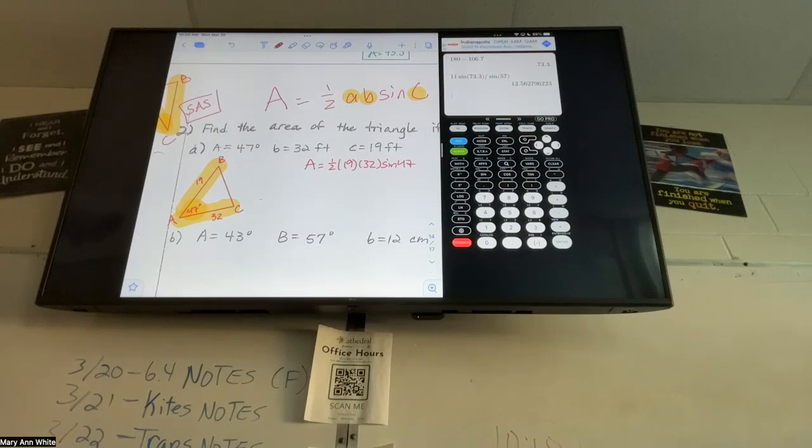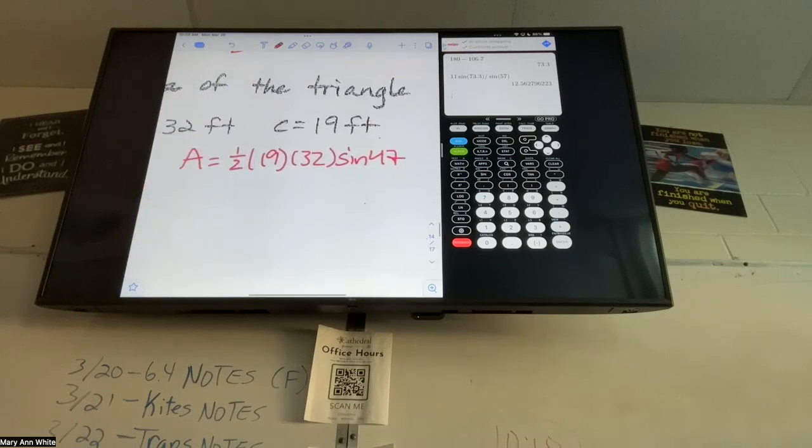Now, you're welcome to just plug that right into your calculator and go. I like to do a little simplifying, and if you do simplify, I like to bring up this point. I know that 32 is divisible by 2, it brings down to 16. You don't distribute the 1/2 to the 19 and to the 32. No, it only goes to one of those things because they're all three multiplied together.